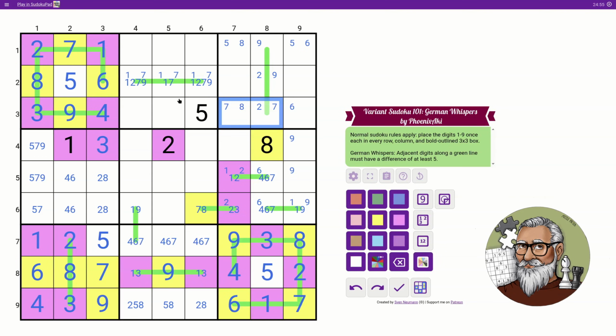One of these is 7, and one of these is 1. That's not really helping, is it? What am I missing?